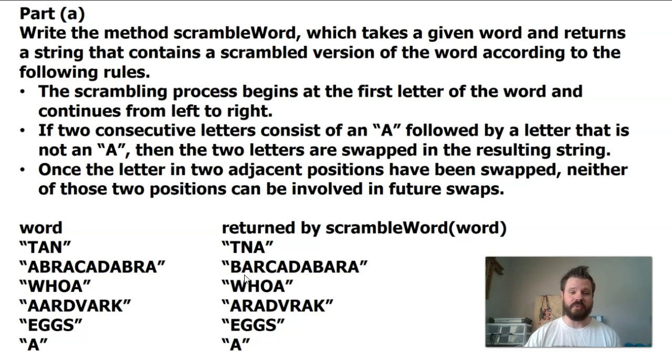And then like that final rule says, we're not going to look at the A and the R then. We're going to move on to the R and move through the rest of the word. Once we make a swap, we move on to the next set of letters. It has a few other ones too: something that won't be scrambled, something that will, and a two A's in a row case. Again, make sure you understand those examples. Pause this and look at them for a few minutes if you don't understand them, before we try to write the method.